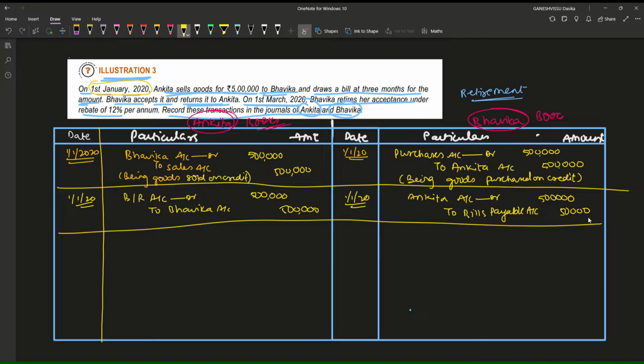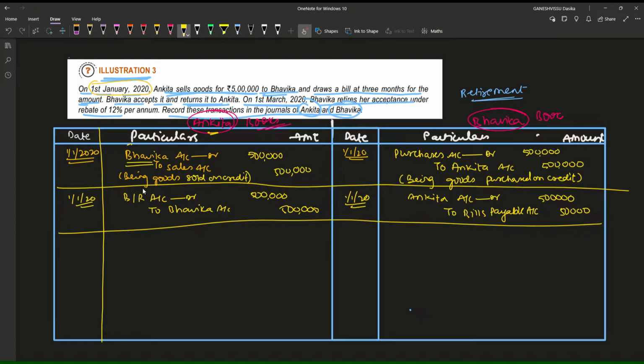Now with these two entries we can understand some concept again, not related simply to bills of exchange, but related to the whole accounts topic, right? Previously Ankita sold goods to Bhavika on credit, for which Bhavika has become debtor of Ankita. In a similar sense, Ankita has been our creditor in the books of Bhavika.